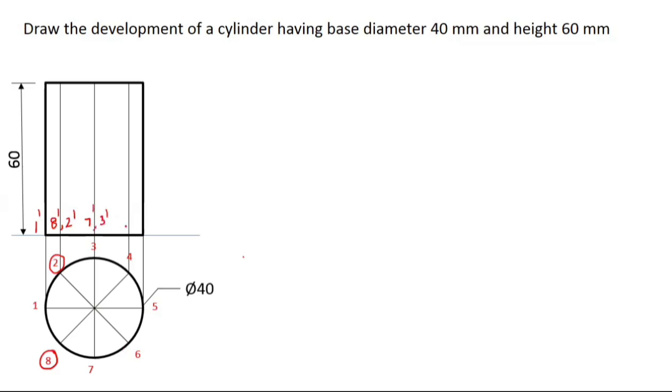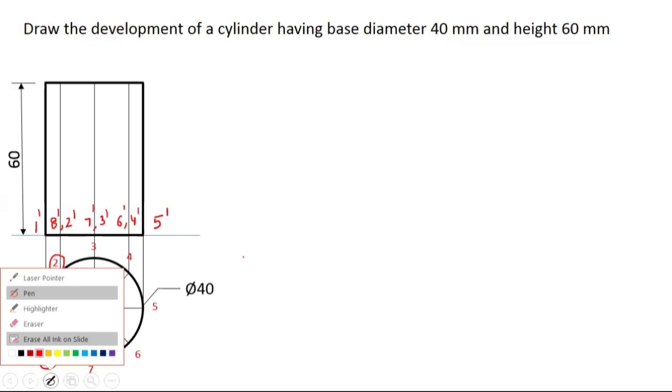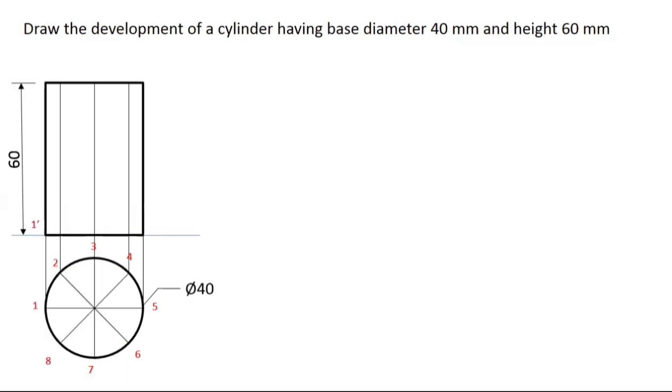Then 6 dash comma 4 dash. This is 5, na? So this one would be 5 dash. This is how we are going to name it: 1 dash, 8 dash 2 dash, 7 dash 3 dash, 6 dash 4 dash and then 5 dash. So the front view and top view are drawn.